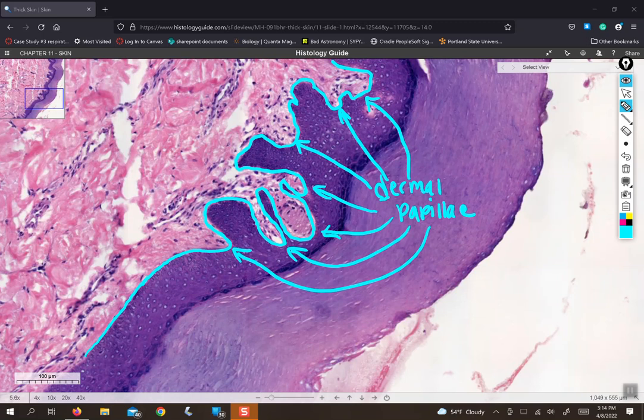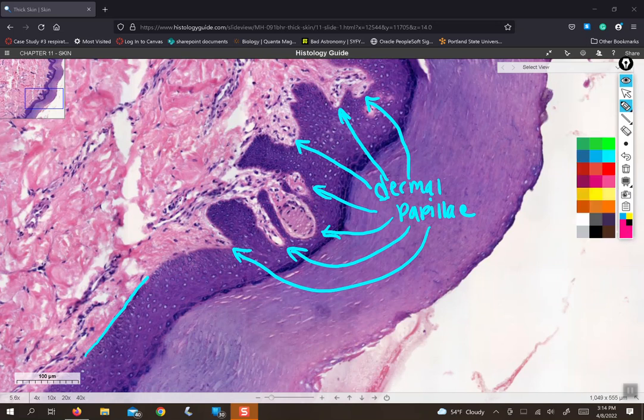So the papillary layer of the dermis is the layer that includes the dermal papillae, and then everything below that is the reticular layer, as I mentioned previously. So within dermal papillae, you can sometimes find a very specific kind of touch sensory organ, and that is called a Meissner's or tactile corpuscle.